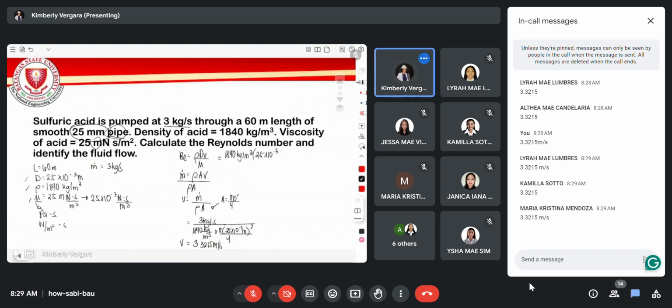Now we have the quantities needed for the formula of the Reynolds number, rho dV all over by mu.